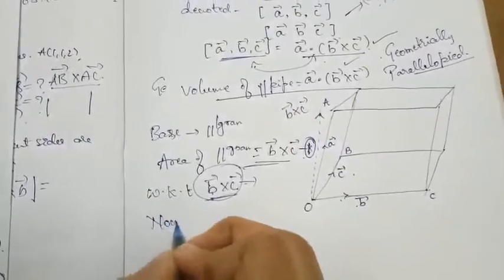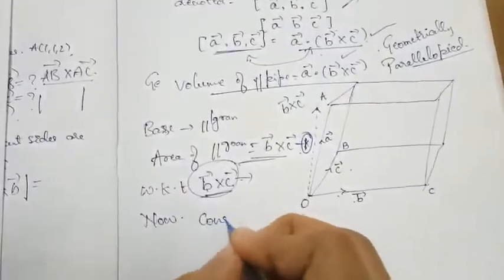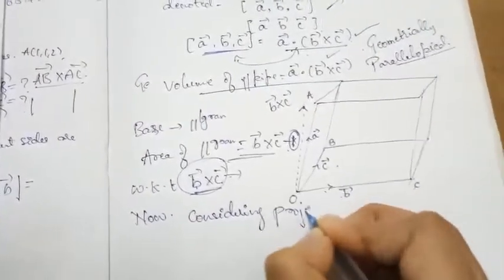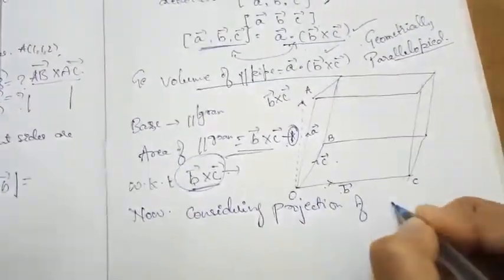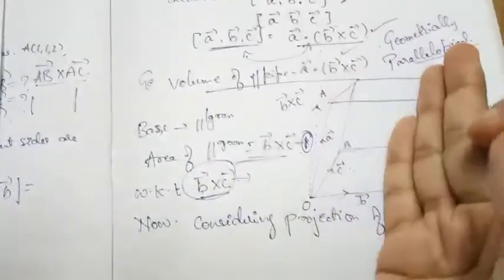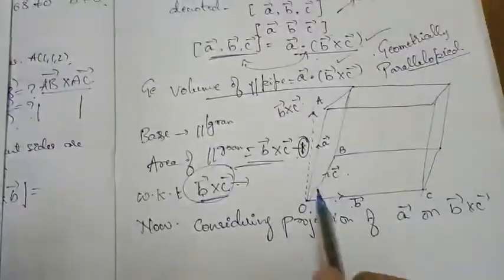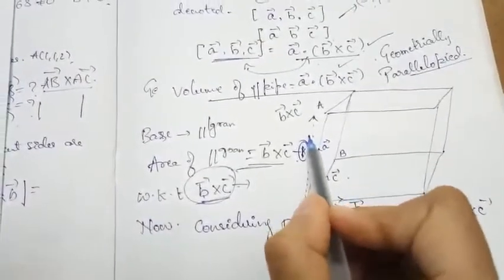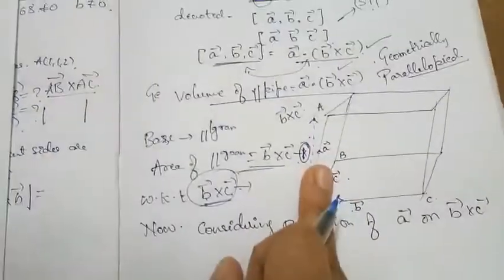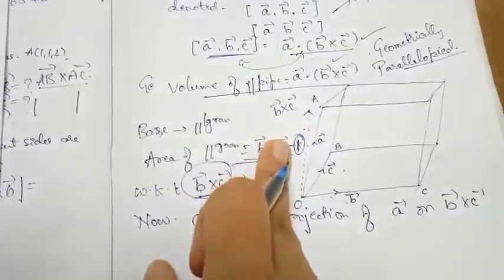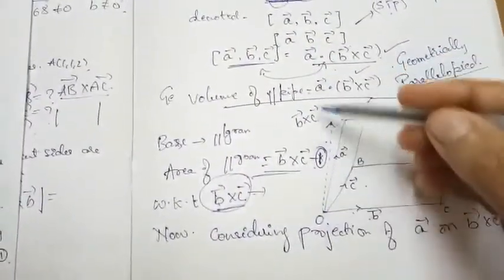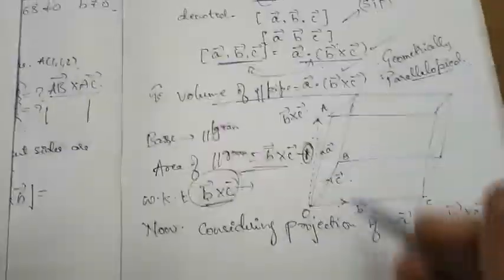Now I am considering the projection of vector A on vector B cross C, because vector A is a slanted line. When I consider the projection of vector A on vector B cross C, which is perpendicular to both vector B and C, we are going to get something which is nothing but the height of a parallelopipe.